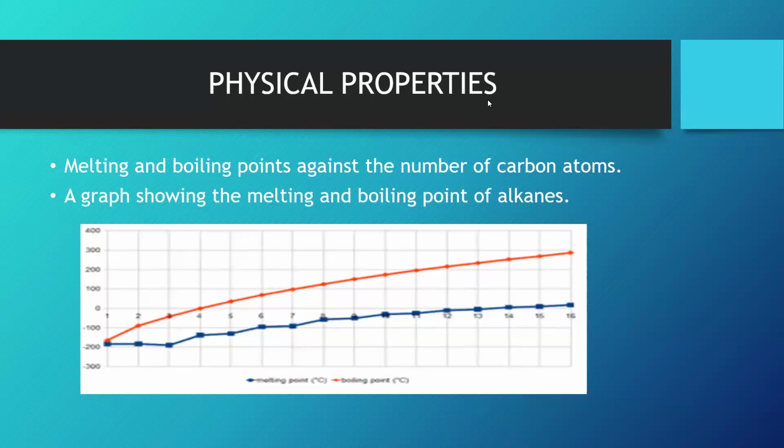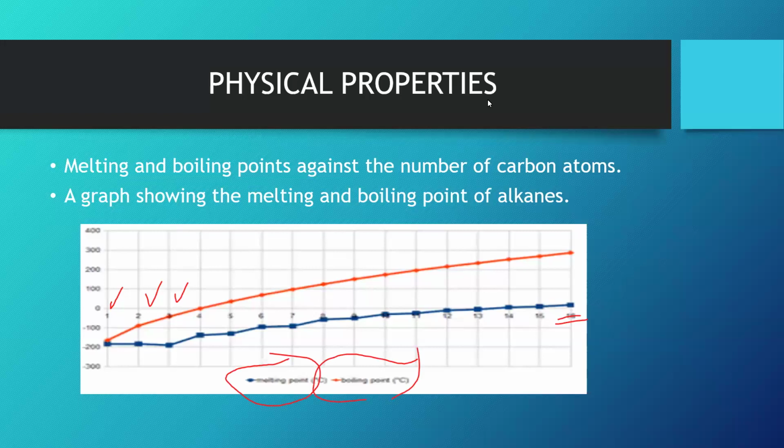Here we have one carbon atom, two carbon atoms, three, up to 16 carbon atoms. As the carbon atoms increase in the alkane chain, the melting and boiling points also increase. On the scale, the blue stands for the melting point, while the red represents the boiling point. So you realize that the melting point is a bit lower than the boiling point.